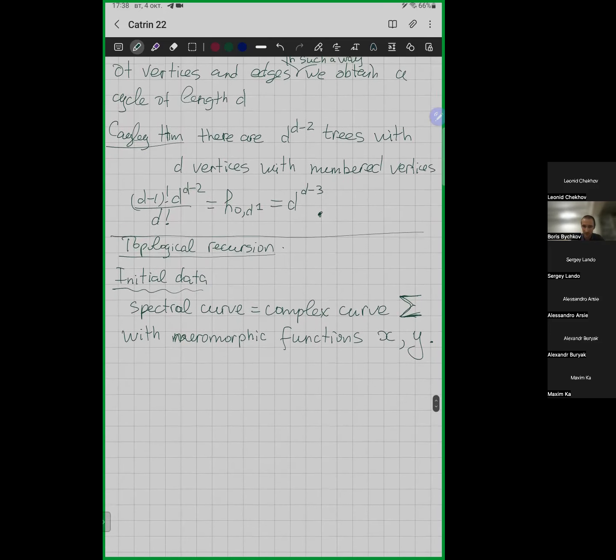Also, from paper to paper and from case to case, there are slightly different topological recursions, but the simplest one is with the following conditions.